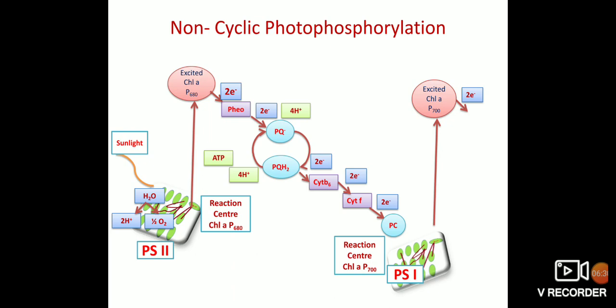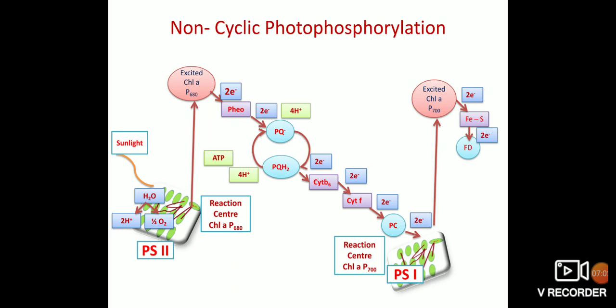Now the chlorophyll A P700, as it loses the electrons, becomes unstable, so it drags the 2 electrons from the plastocyanin and gets stabilized. The 2 electrons which are released from the chlorophyll A molecule are first accepted by an iron sulfur protein, which transfers these 2 electrons to ferredoxin.